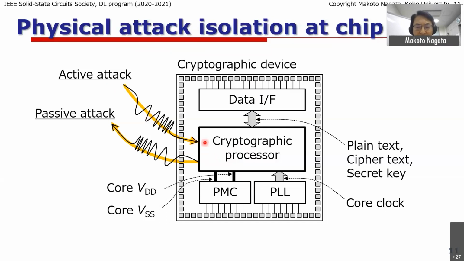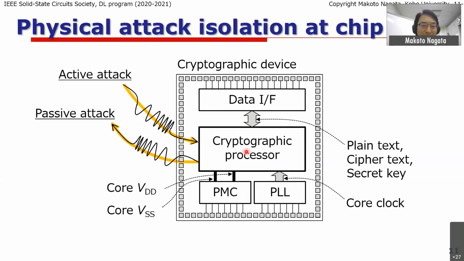Active attack means that the EM injection can be placed on the position of the cryptographic processor. Because nowadays we have very tiny antennas, and they can be scanning over the die. At specific locations, they can inject some faulty operations into the cryptographic processor, and then the attacker can extract some secret information from the response of the cryptographic processor.